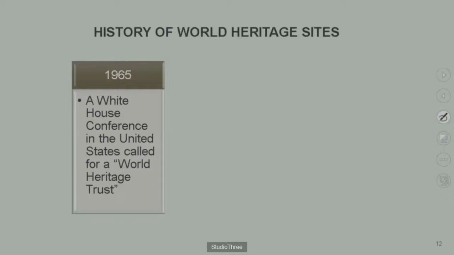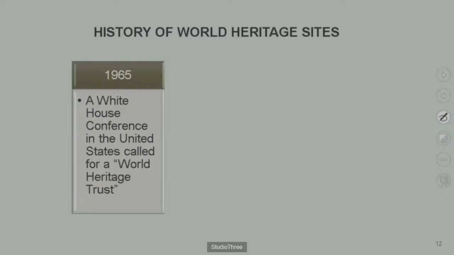UNESCO and the International Council on Monuments came together. They drafted a convention to create an international organization to protect the natural and cultural heritage of the world. And UNESCO gave a lesson to the people of the world that it is the duty of all to do this. So, in 1965, a White House conference in the United States called for a World Heritage Trust.